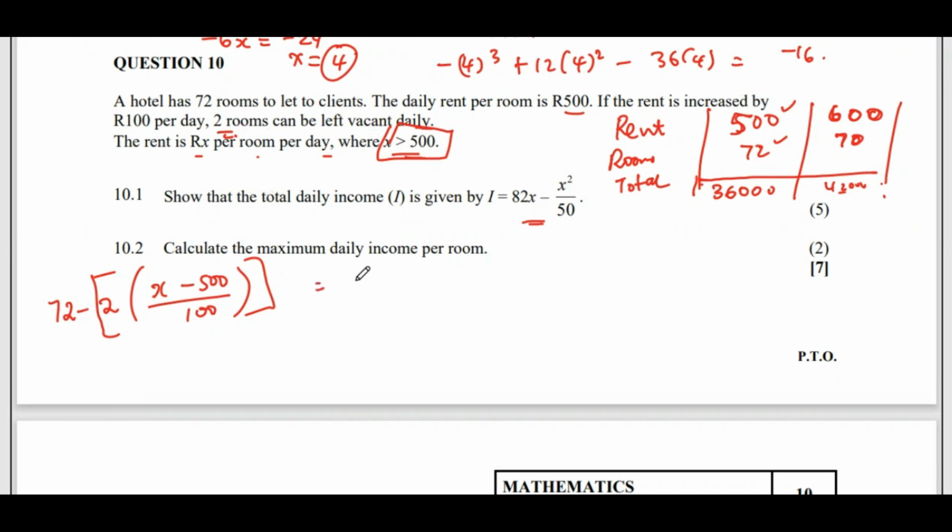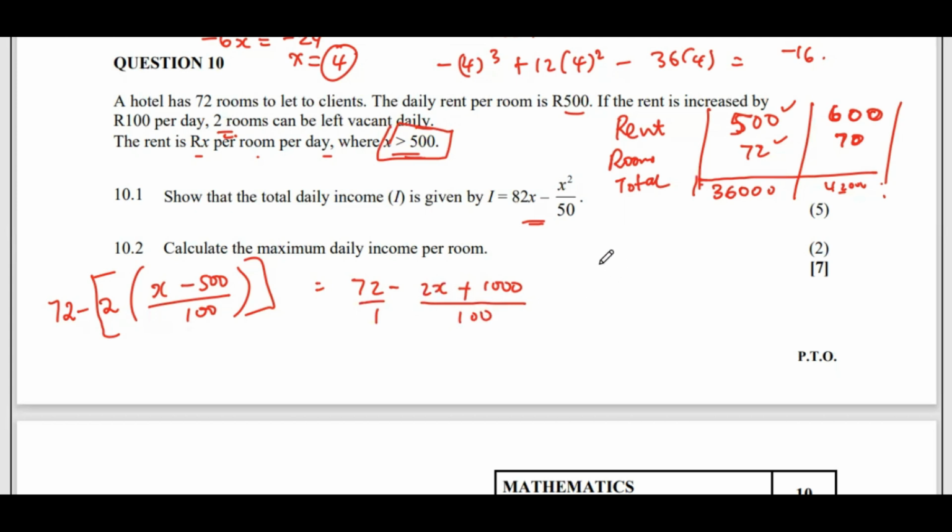If we try to open this up, it's going to be 72 minus 2 times (x minus 500), divided by 100. Is that true? Yes, it's true.